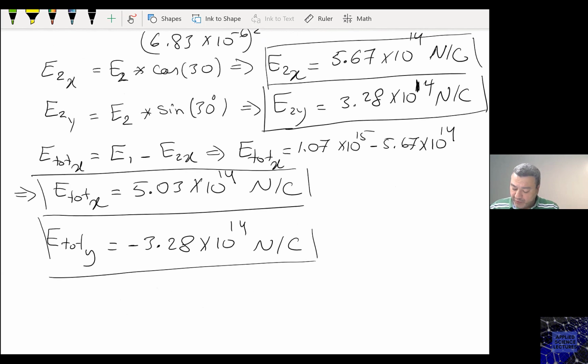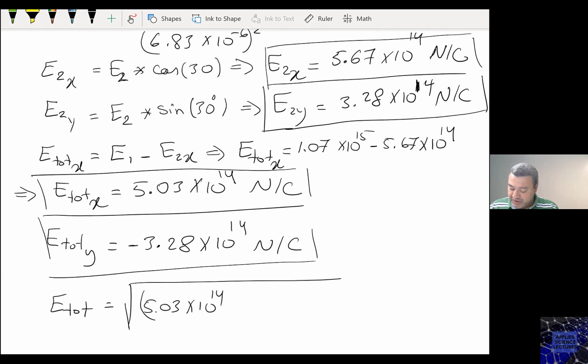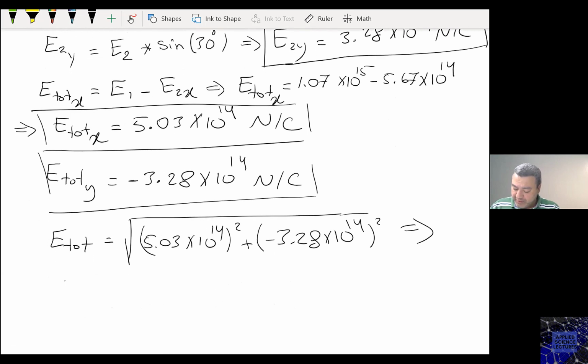Now the total, E total, would be the square root of 5.03 times 10 to the power 14 squared plus minus 3.28 times 10 to the power 14 squared, and now E total would be 6 times 10 to the power 14 Newton per Coulomb.